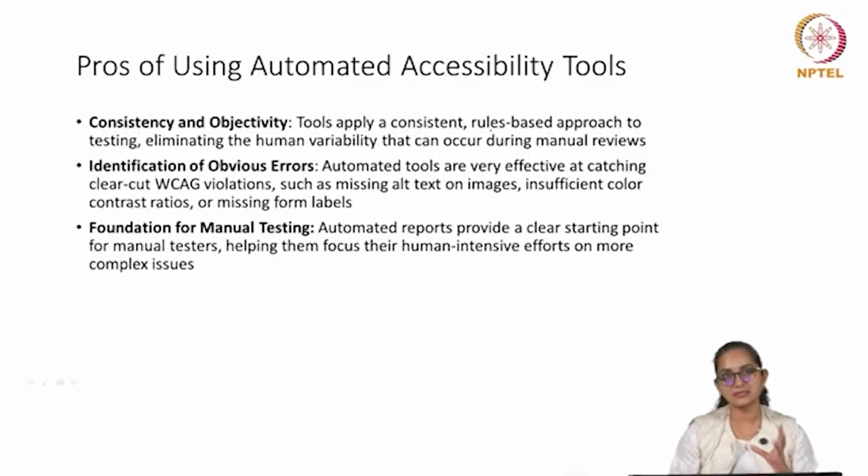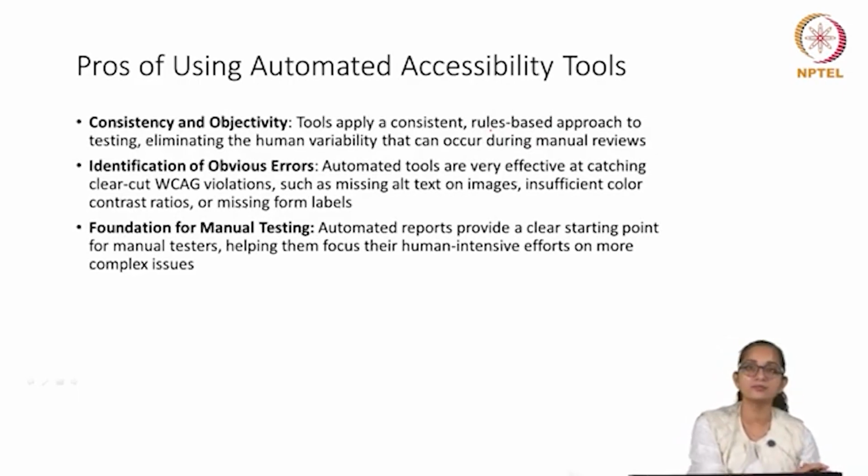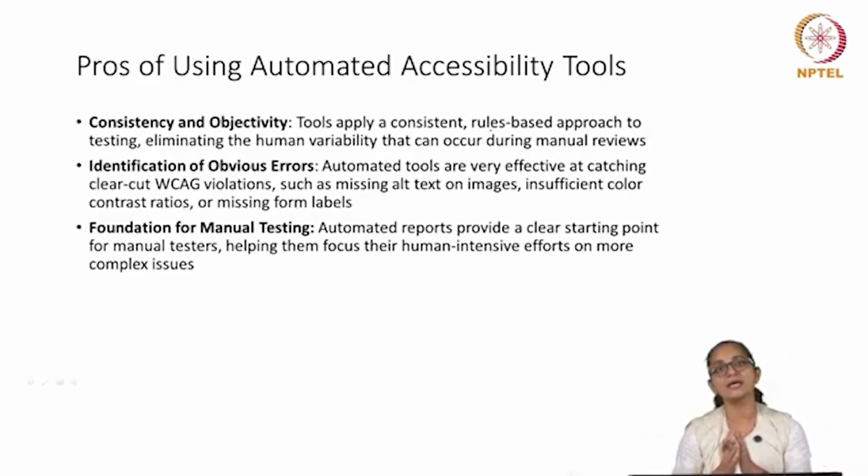I think this is a very important pro of using an accessibility tool, and this is how we should also look at it, that it is a supporting tool and not by itself comprehensive. A complete evaluation should always include human accessibility experts as well as accessibility tools, and only then can it become a complete comprehensive evaluation.